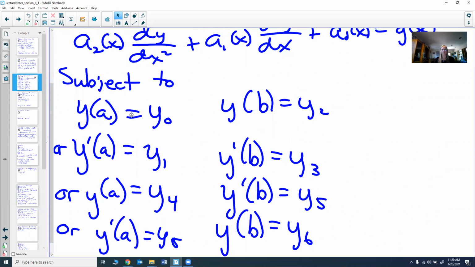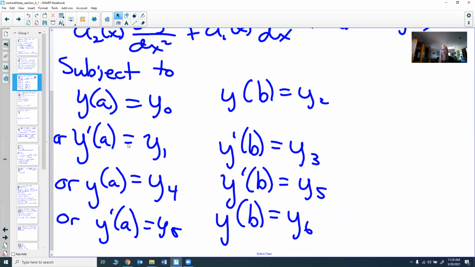In other words, we're not having them be the same x value as in your initial condition. Or you could have y prime of a equals, let's say, y1, and y prime of b equals y3. So you can have different conditions you're putting into this.